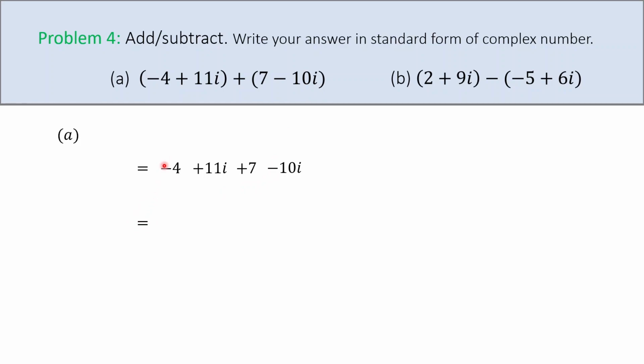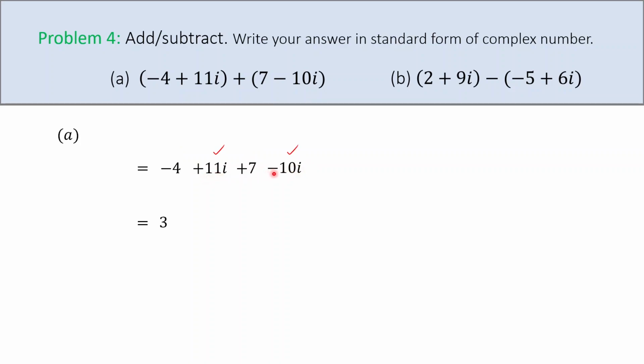Equal to, now you have negative 4, positive 7. You can combine these two. Negative 4 plus 7 is 3, positive 3. Now you have i here, i here. So you can combine this and this.